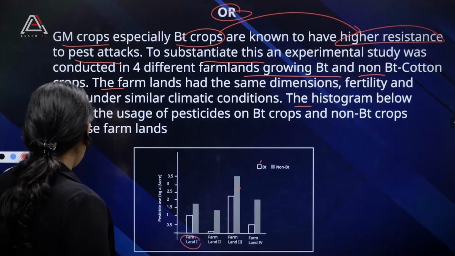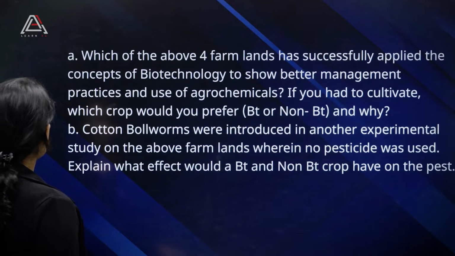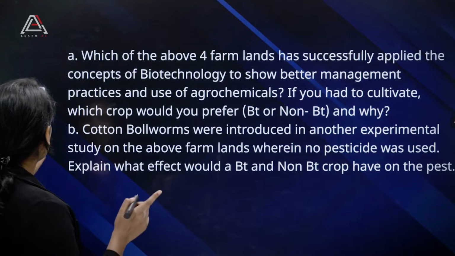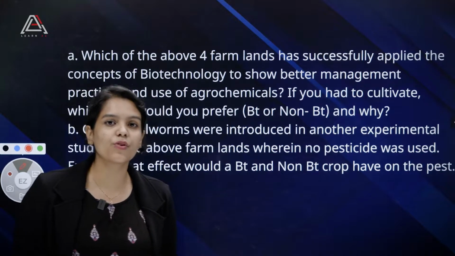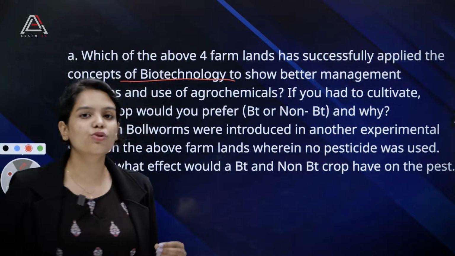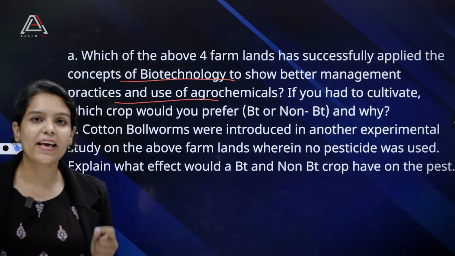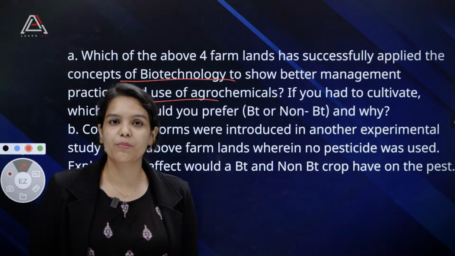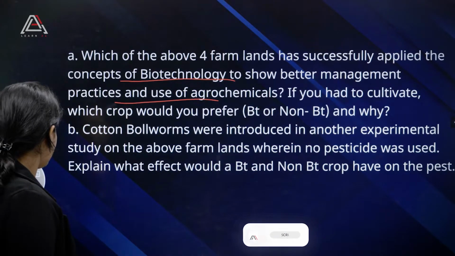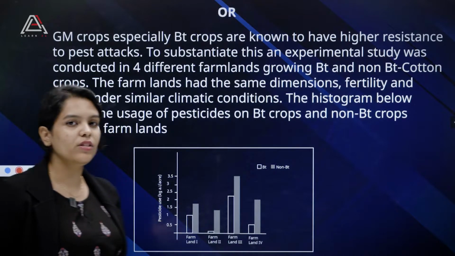Let's see what they are asking in the question. They are asking which of the above 4 lands has successfully applied the concept of biotechnology to show better management practice of the use of agrochemicals. Agrochemicals is nothing but pesticides. As we have studied, BT crop is already resistant to pest attack, right?